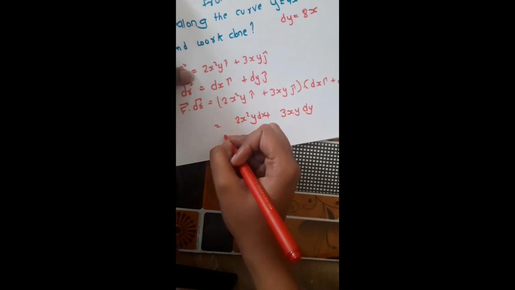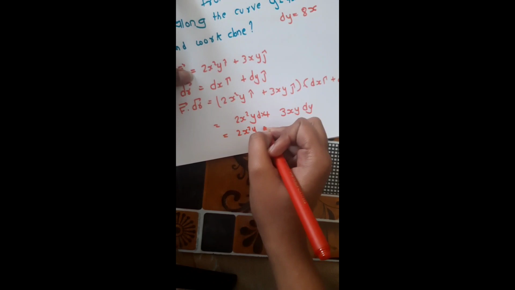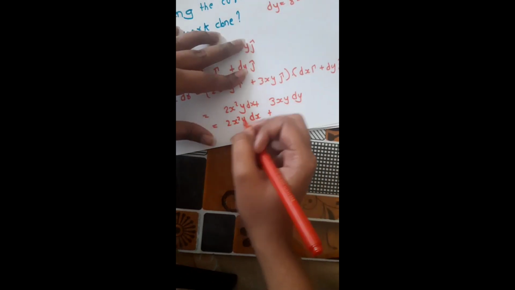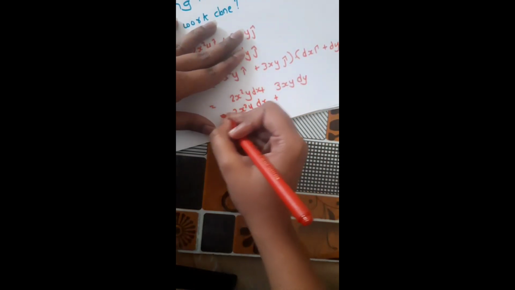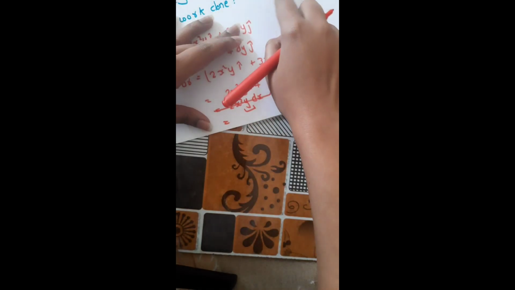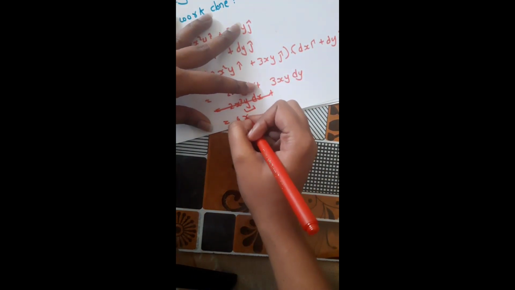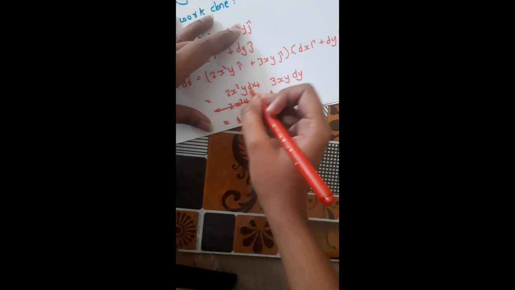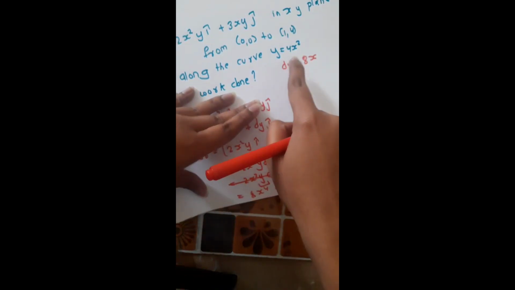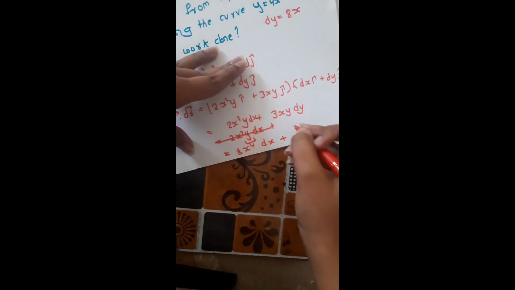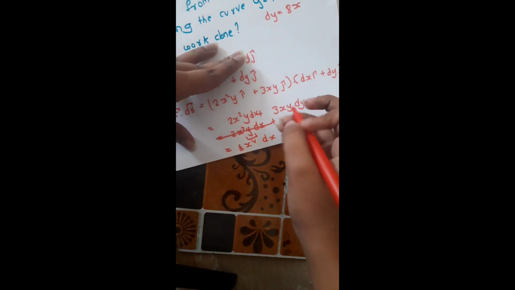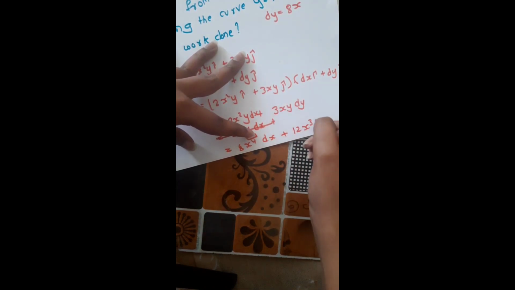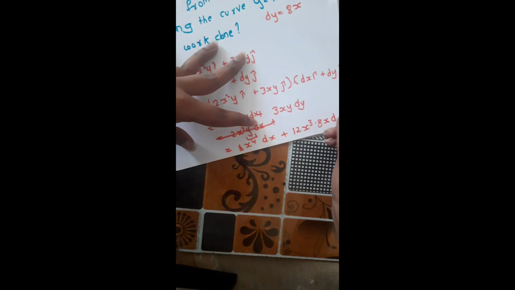So over here we can do 2x square y dx, where we replace y with 4x square, so it would be 4 into 2, 8x raised to power 4 dx. I just replaced y with 4x square as the relation is given over here. Plus again I replace y: 3 4s are 12, 12x cube, and dy is 8x dx, so into 8x dx.